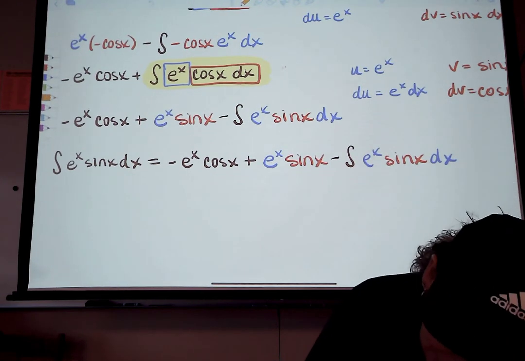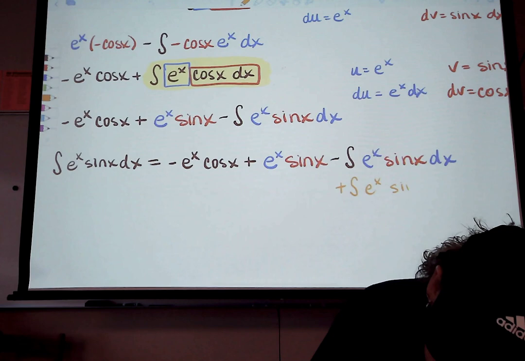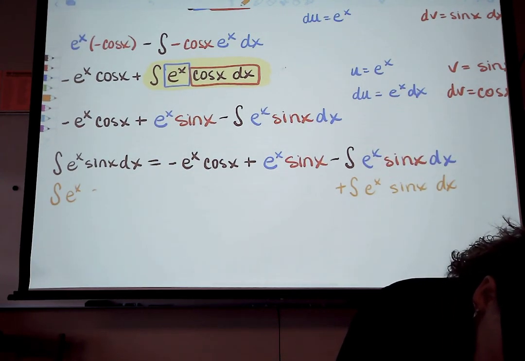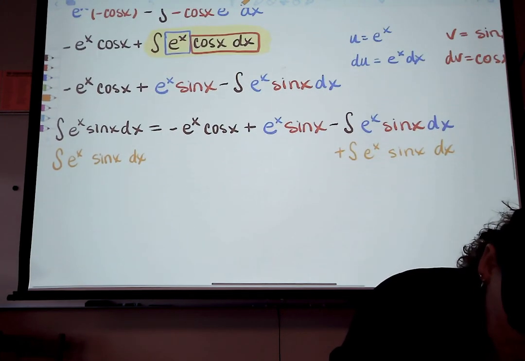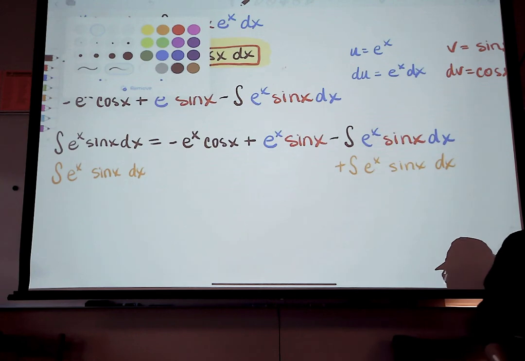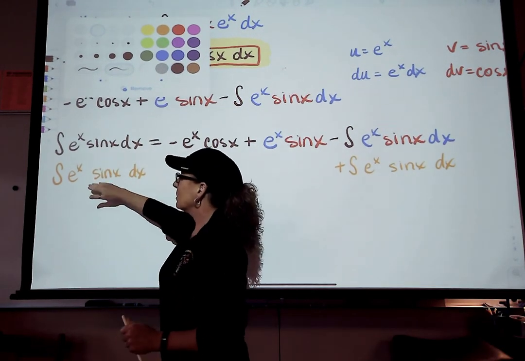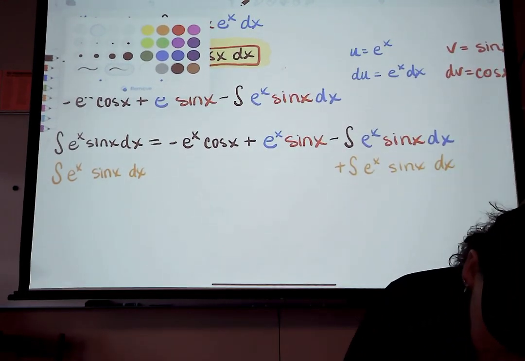How about if I add this integral to both sides? Oh my goodness, what do I get? This integral plus the one that looks just like it means I have two of those integrals.